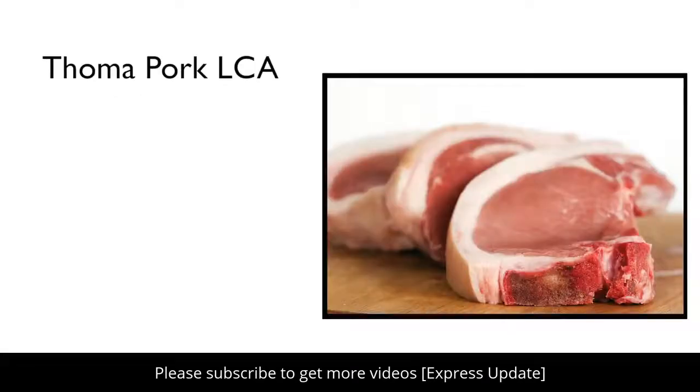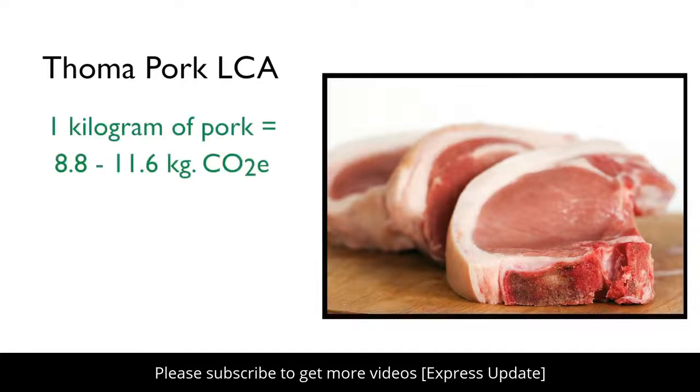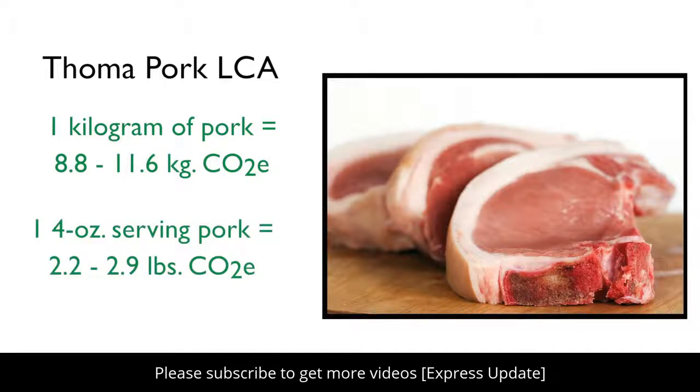The LCA showed CO2 equivalents at an average of 8.8 to 11.6 kilograms of CO2 equivalents per kilogram of pork, from production to consumption. This can also be calculated as 2.2 to 2.9 pounds of CO2 equivalents per 4-ounce serving of pork. Approximately 60% of the emissions occurred before the product left the farm gate.